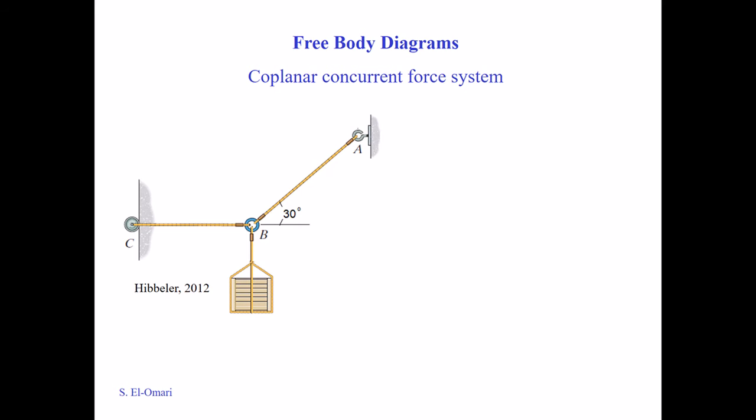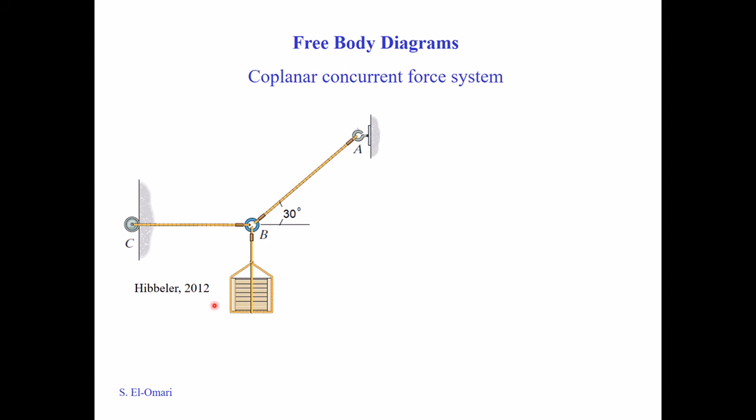So we start first with a coplanar concurrent force system, or 2D. Concurrent means that all forces intersect in one point, and coplanar because we're working in 2D.